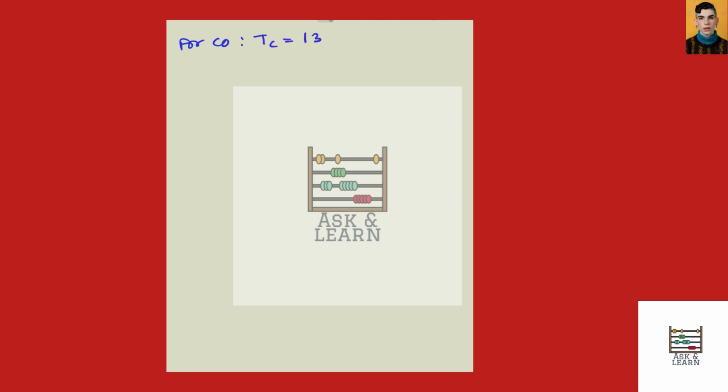Now, we need to find the critical temperature and pressure of hydrogen and carbon monoxide. For carbon monoxide, the critical temperature is 133 Kelvin, and the critical pressure is 34.5 atmospheres.